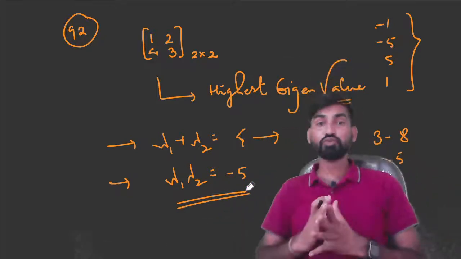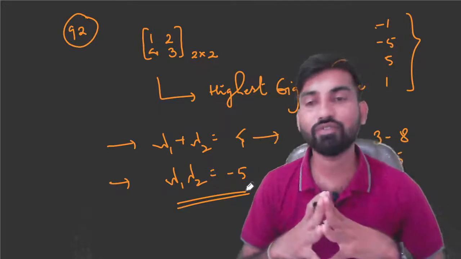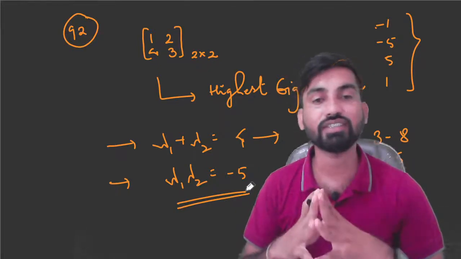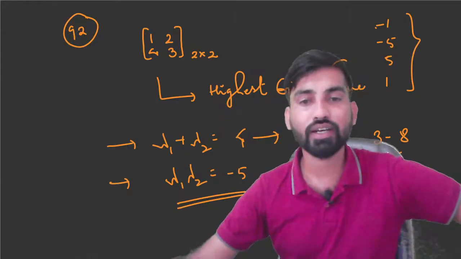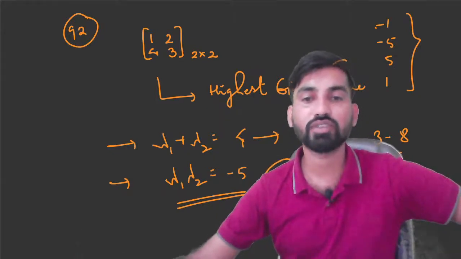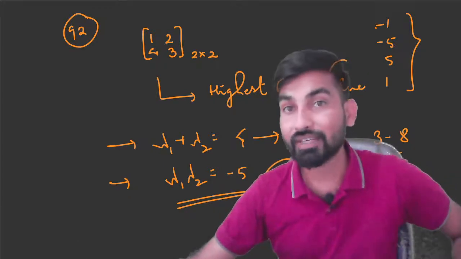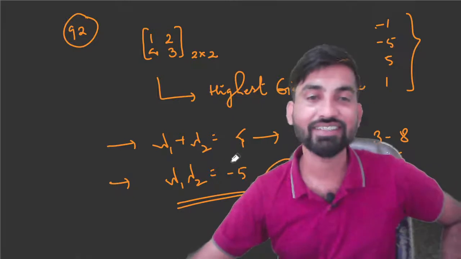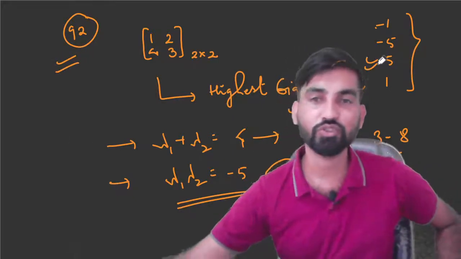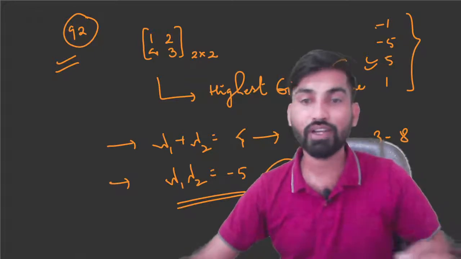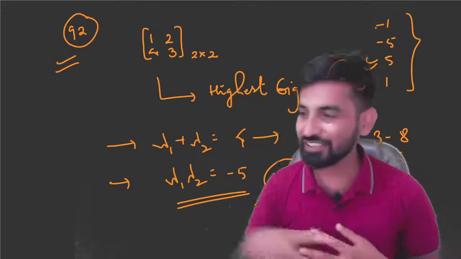So you have to choose two eigenvalues which will satisfy these two equations, okay? So you can choose -1 and 5. These are the two values. If you add them, it is going to give you 4, and if you multiply them, it is going to give you -5, right? So this question was very easy, and the highest eigenvalue is going to be 5. Okay, so this question was amazing, and it was a very easy question, right?